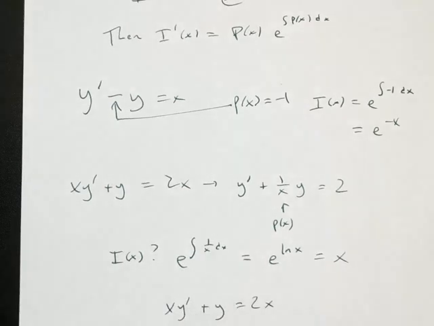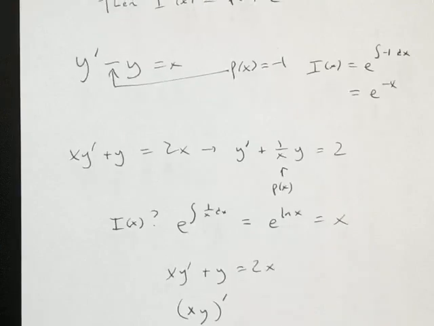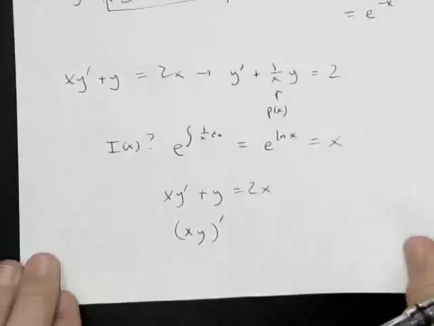And that means that this left-hand side is the derivative of this times y. It's the derivative of a product. Even if I hadn't recognized it, that's what it has to be: the derivative of the integrating factor times y.